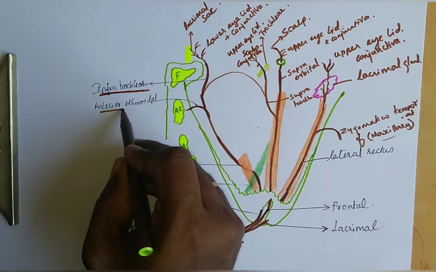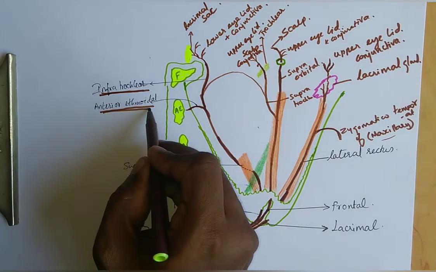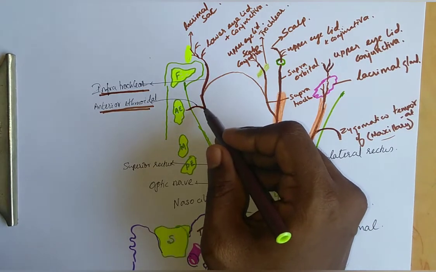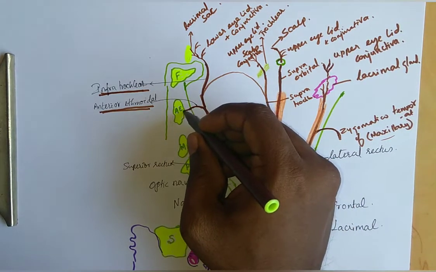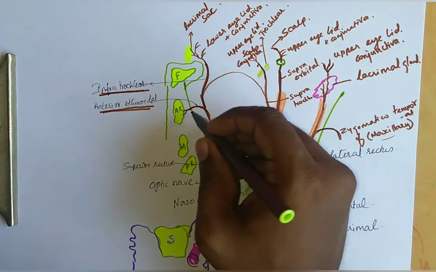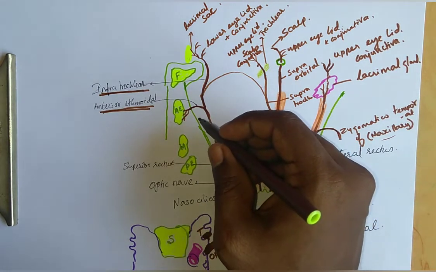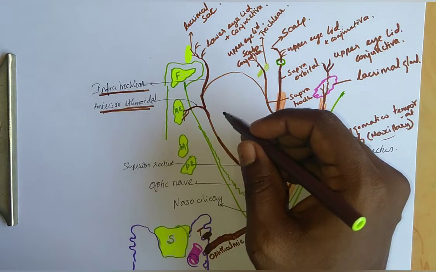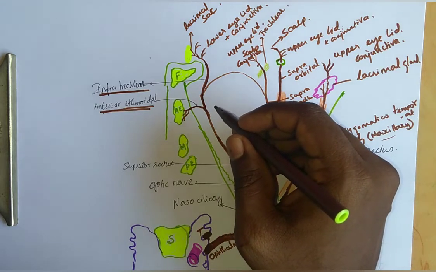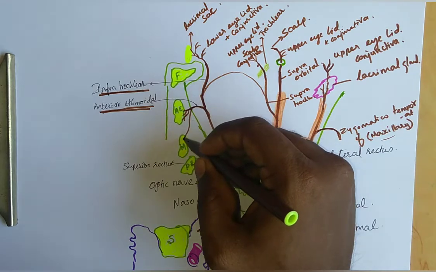Next, coming to the anterior ethmoidal nerve. This anterior ethmoidal nerve takes a very complicated course. During its course, it supplies the anterior ethmoidal group of air sinuses and also the middle ethmoidal air sinus.